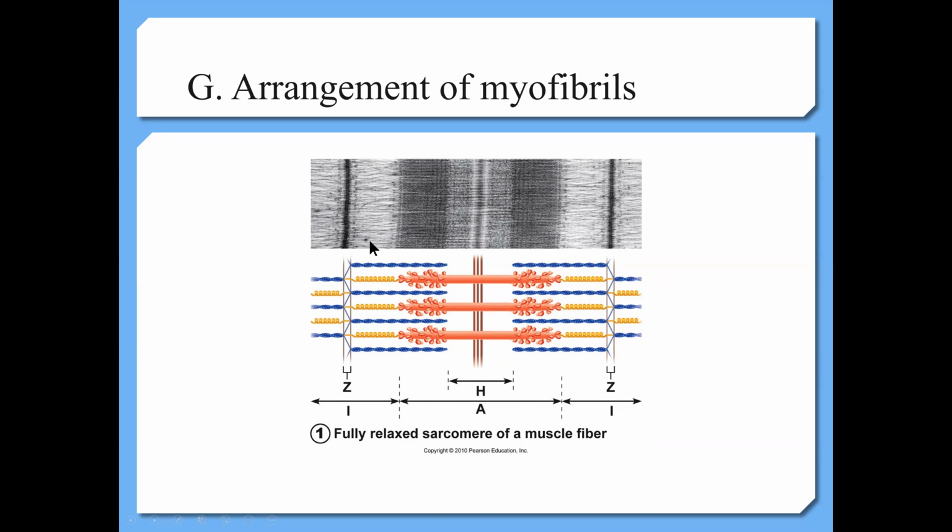Okay, so we have the Z disc, the I band, the A band, and the H zone from here to here. There is only actin, there's only myosin, there is no actin, and this is our M line right here.